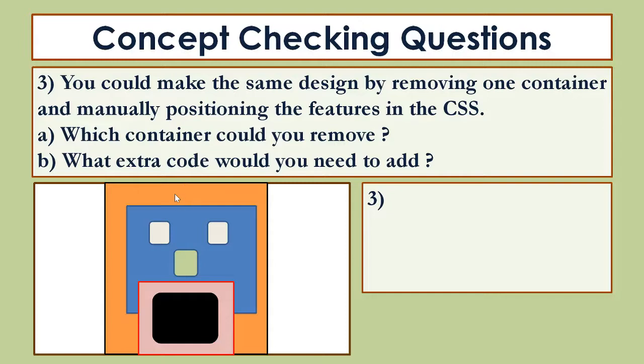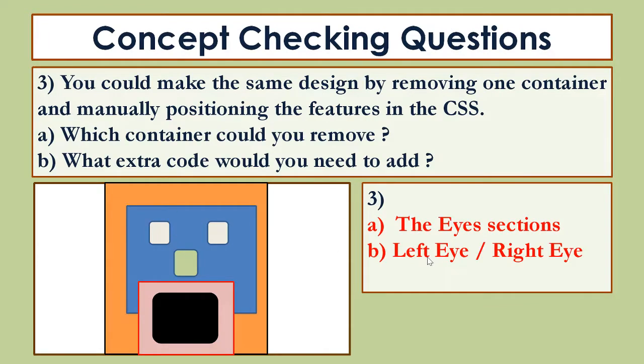Instead of an eye class, which would be identical for both, you would have to create a left eye class and a right eye class. So the one you could remove is the eye section, but then you would need a new left eye class and right eye class. Again, there's no right way of doing this. Both ways are fine. It's which one you feel more comfortable with.